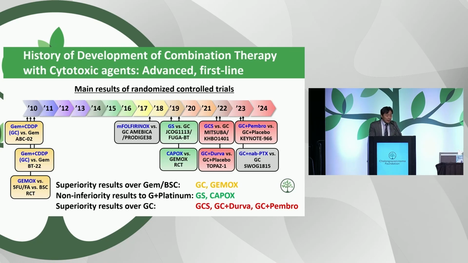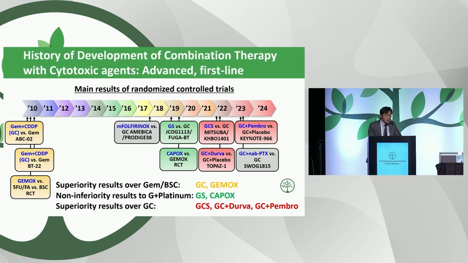Gemcitabine plus S1 and capecitabine plus oxaliplatin, so fluoropyrimidine-containing doublet, demonstrated a non-inferiority result to gemcitabine platinum doublet.